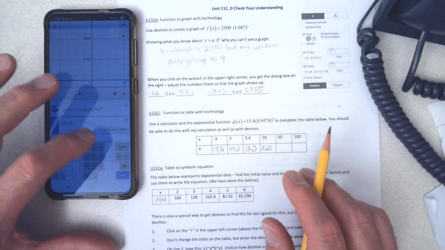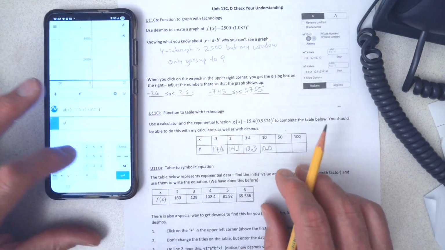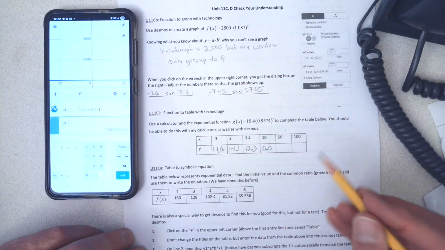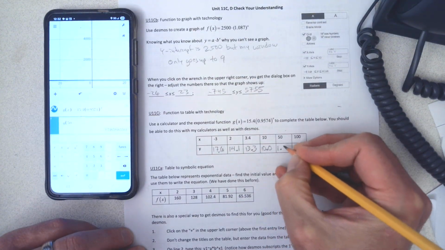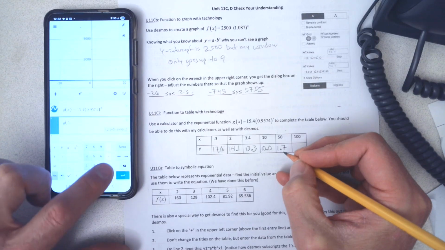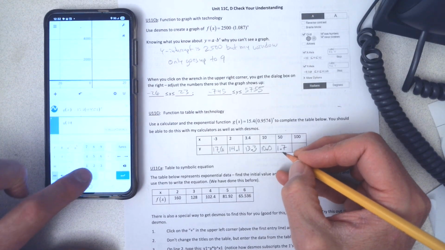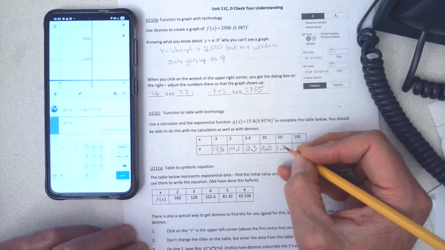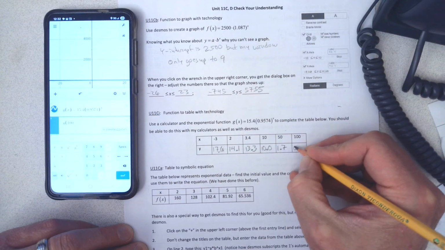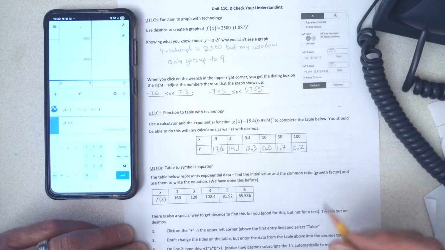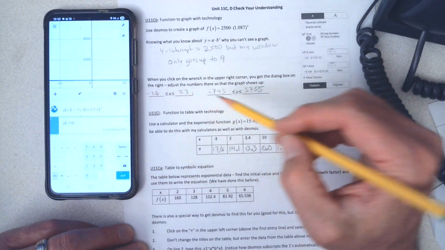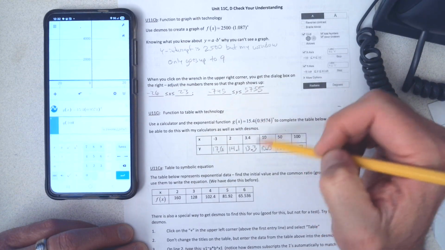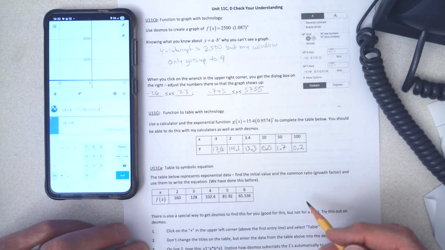Two more. It wants to know what it is when x is 50. At 50, I get about 1.7. And at 100, I get 0.2. So there's using the technology to help me fill in a table for a particular function.